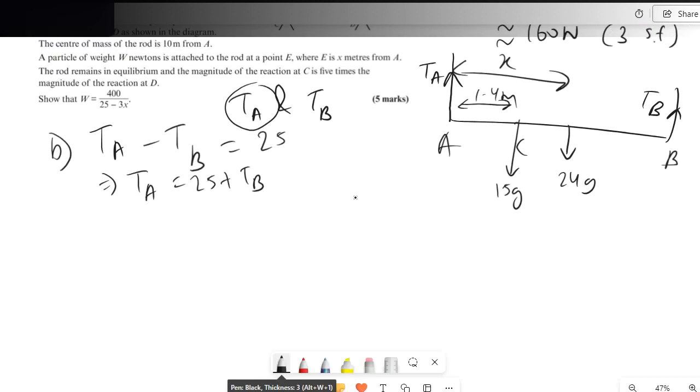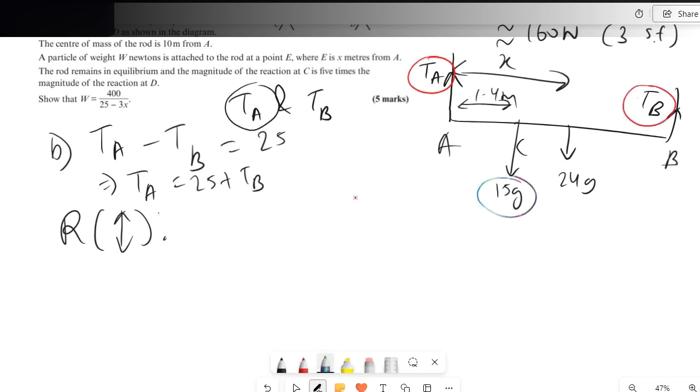So now, in order to find the value of the tensions, we have to resolve vertically, just like in the previous question. If you think about the forces acting vertically, in the upward direction we have tension at A and tension at B, and in the downward direction we have the two weights, which are 15g and 24g. So resolving vertically, the total upward force, tension at A plus tension at B, is equal to the total downward force, which is 15g plus 24g.